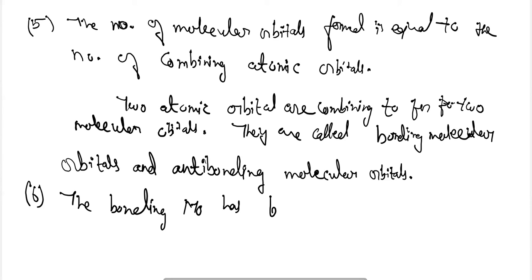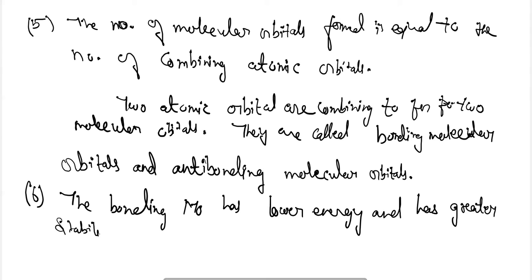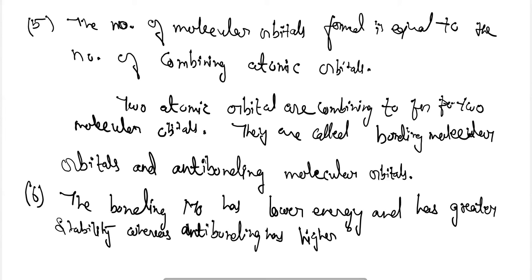It has lower energy and greater stability, while the anti-bonding orbital has higher energy and is less stable. Due to this reason, they are less stable.